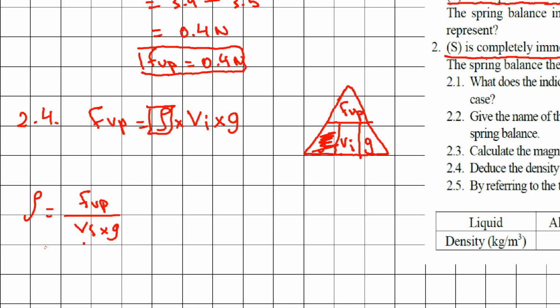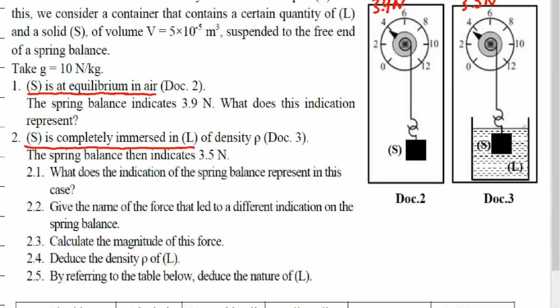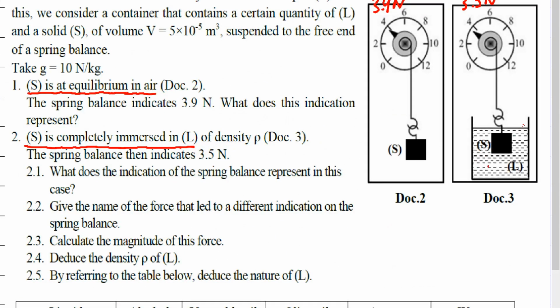Now here Vi represents the volume of the immersed part of the object, but because the solid S is completely immersed in the liquid, then Vi will be equal to the volume of the object, which is given here to be 5 times 10 to the power minus 5 meter cube.